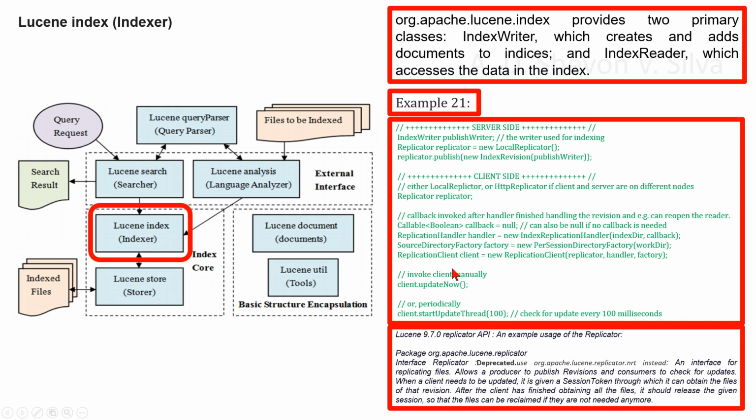It can be invoked either manually or periodically by starting an update thread. HTTP replicator can be used to replicate revisions by consumers that reside on a different node than the producer. The replication framework supports replicating any type of files, with built-in support for a single search index.